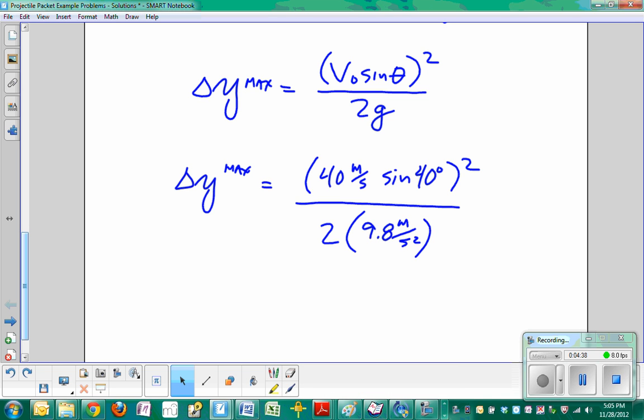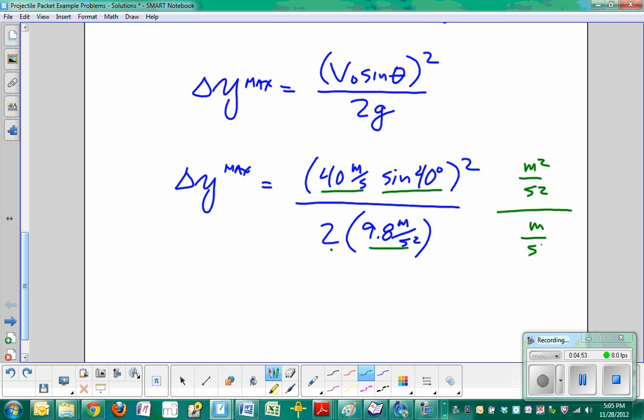Notice that we have units with all of our numbers. Numbers in units. This is dimensionless. We have just a plain old 2 here. So if we do a quick unit analysis, we have meters squared over seconds squared divided by meters per second squared, which leaves us with meters. And that's what we would want for a displacement.